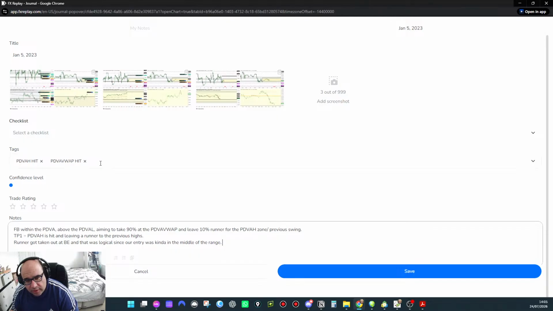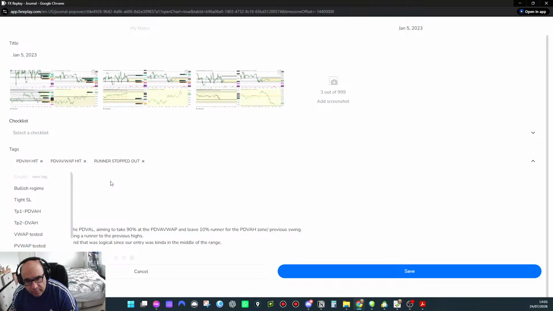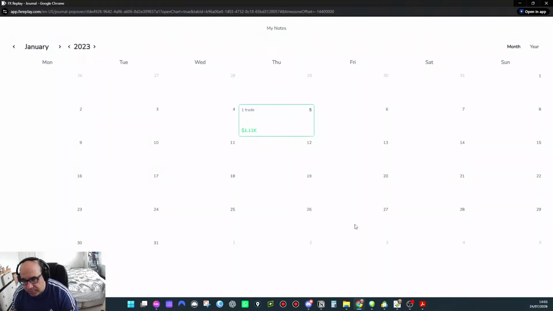Also, I'm going to put another tag that we say that runner stopped out. All right, fantastic. We're going to save that one. So that's a winning trade.